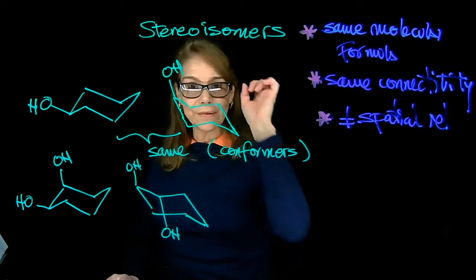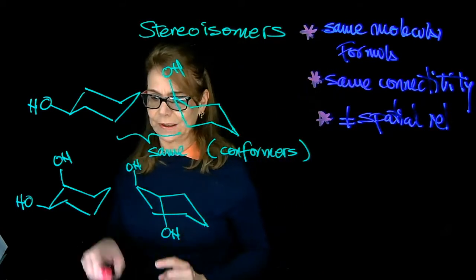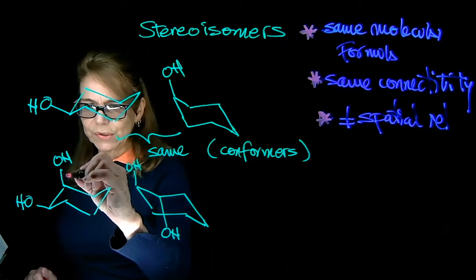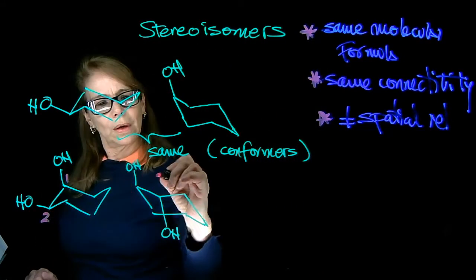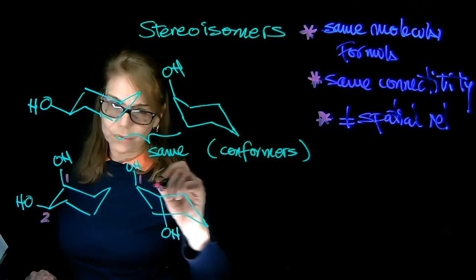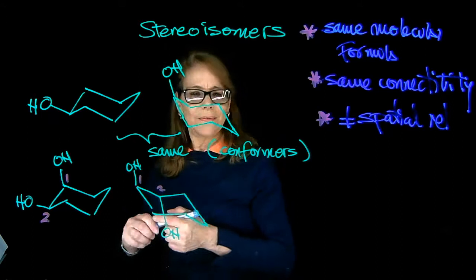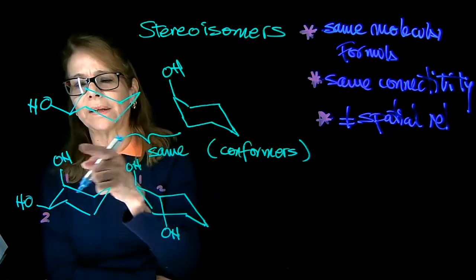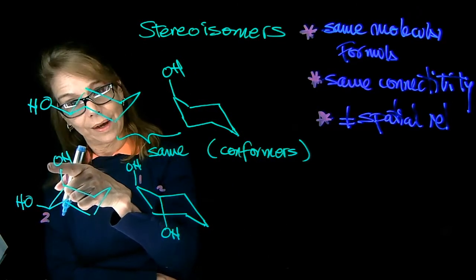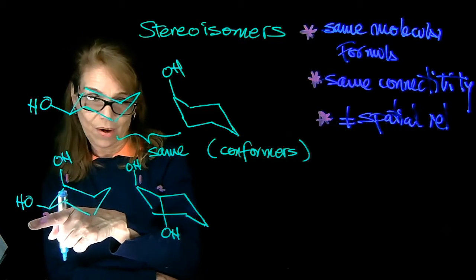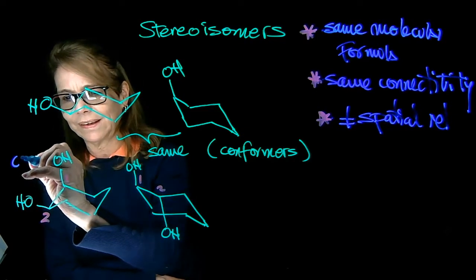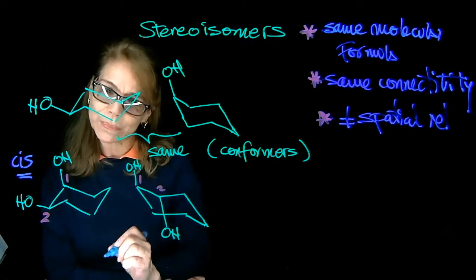Now, connectivity is the second thing that we're going to be checking. So we see here OH in carbon 1 and 2, OH in carbon 1 and 2, numbering just the other way. But now notice that it's not exactly the same thing. This is, say, pointing up, and this is also up. So we will say that this is cis, so up, up.